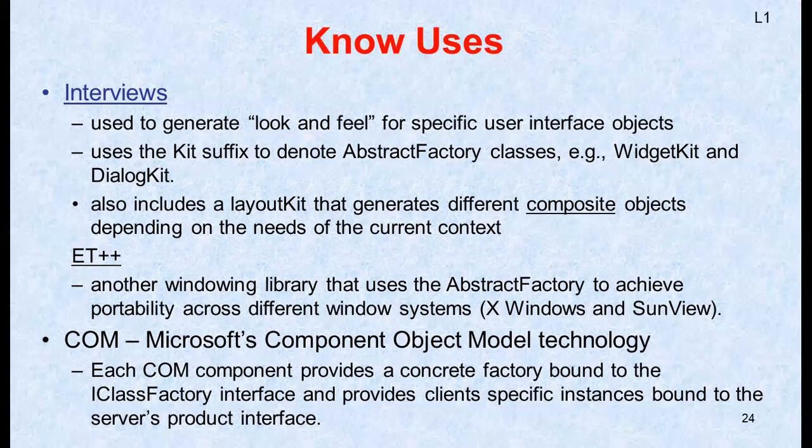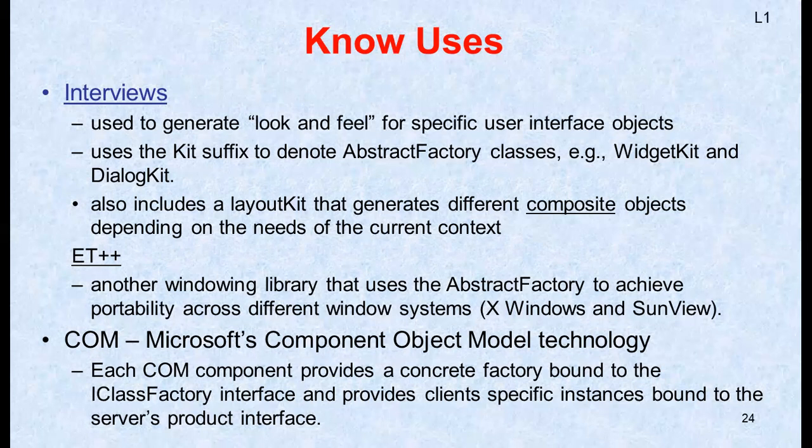InterViews also includes a LayoutKit that generates different composition objects depending on the layout that is being described. For example, a layout that is conceptually horizontal may require different composite objects depending on the document's orientation, which can be portrait or landscape. So it depends on the layout that we are using.